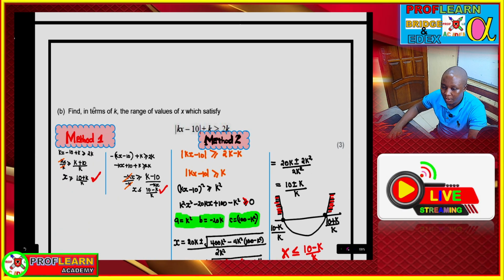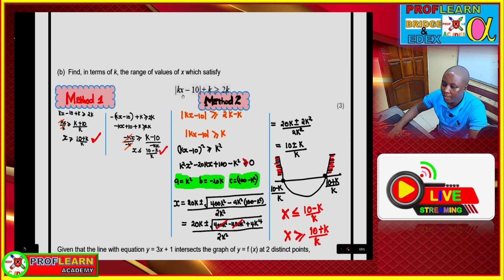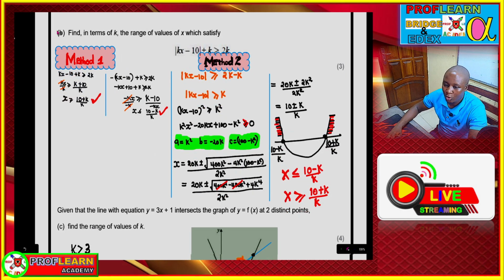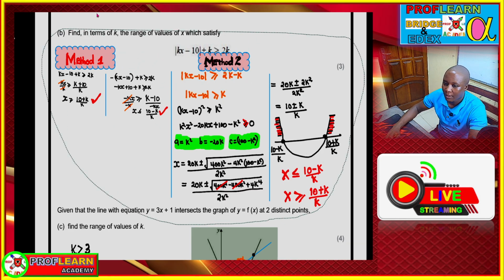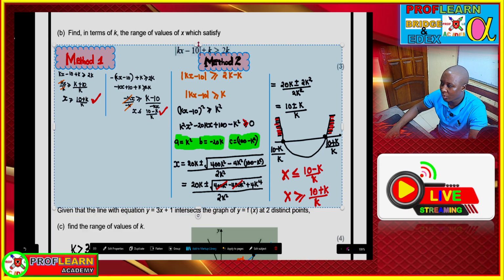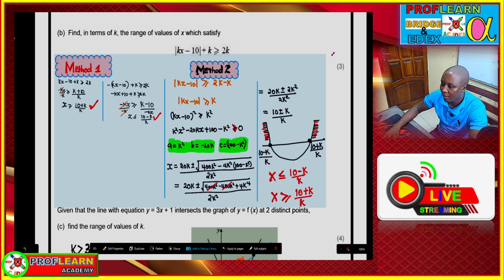Find in terms of k the range of values of x for which this modulus is greater than 2k. And in this question, I've tried to do it in two methods, so that you can choose the easiest method for you. The one that you love, use that.